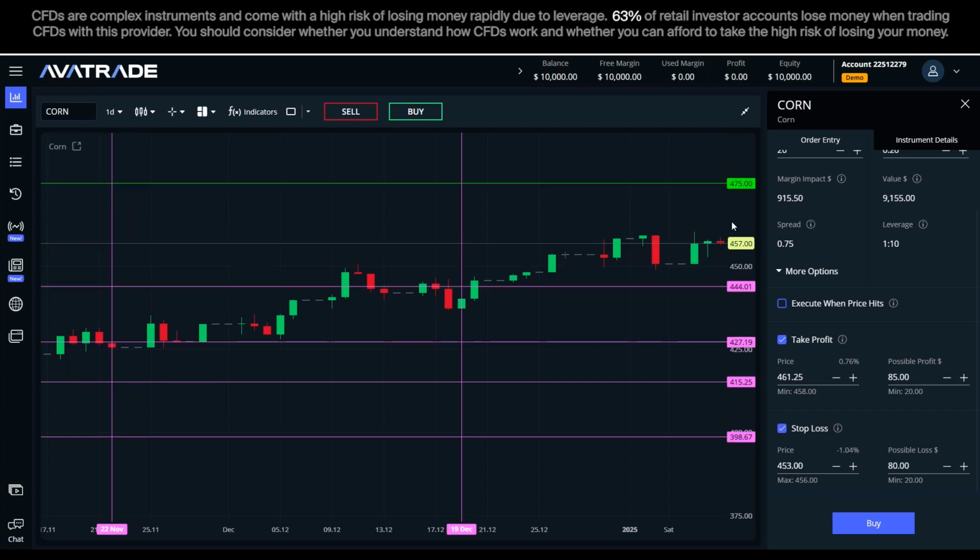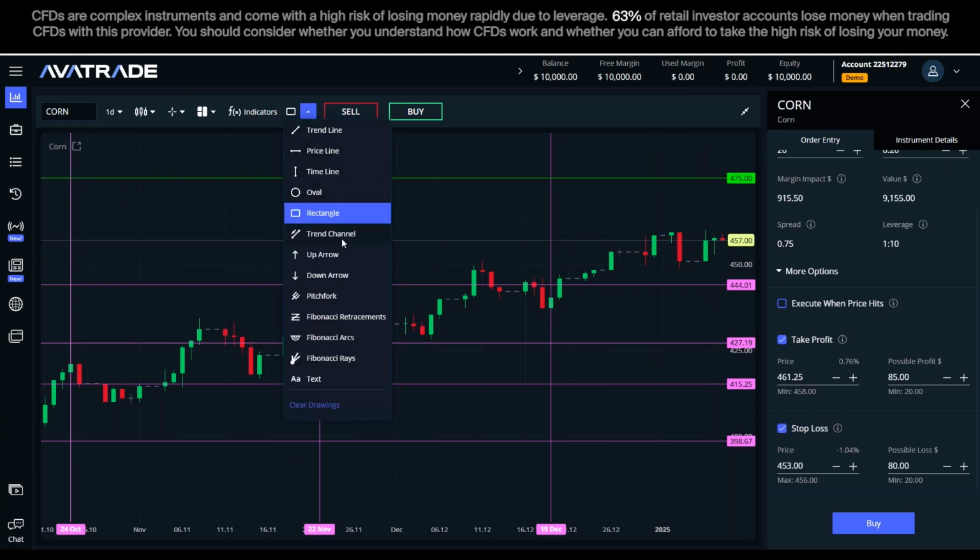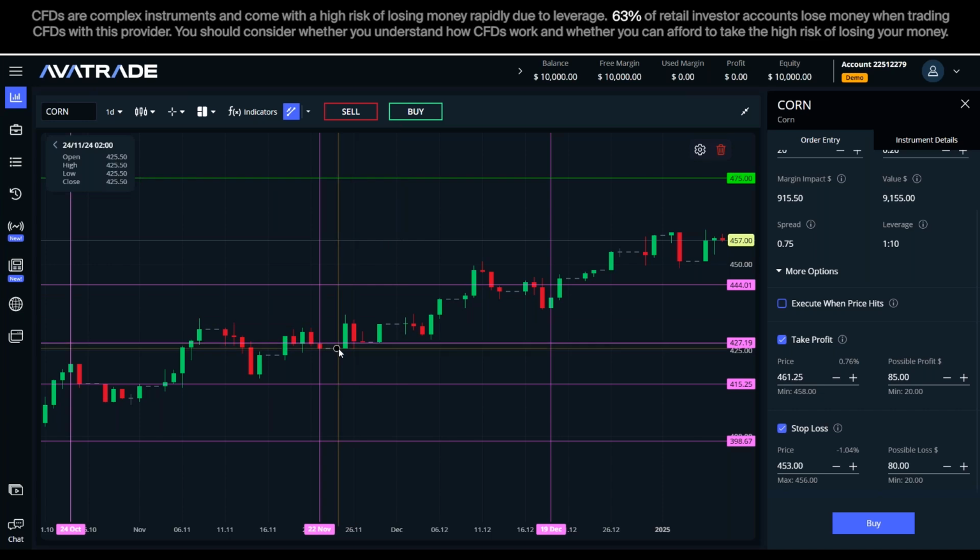Now, if I think about it as my average, I can assume $6 is the average per day for corn. Of course, the problem here, guys, is that taking numbers from one candle is not an average. It's just one candle.